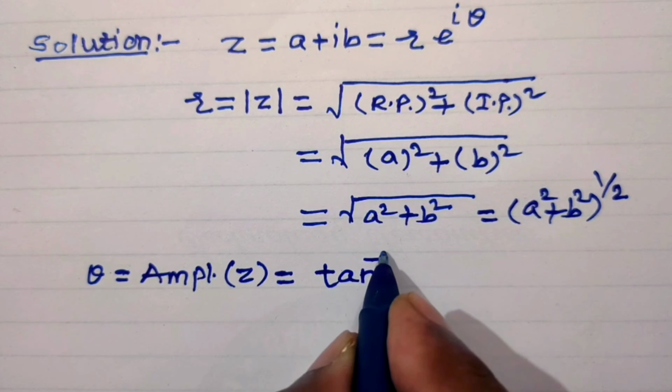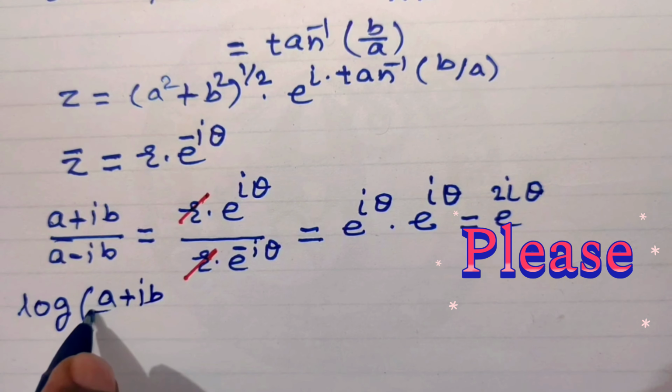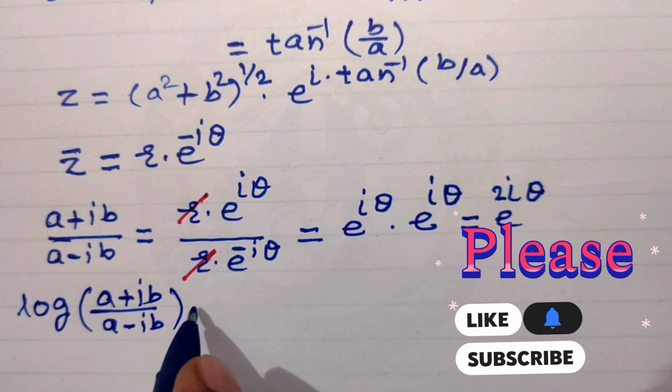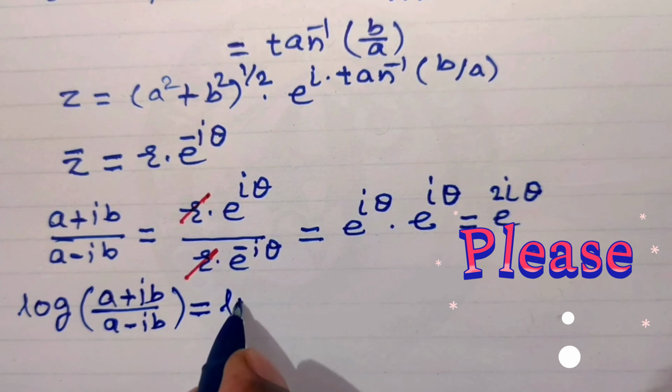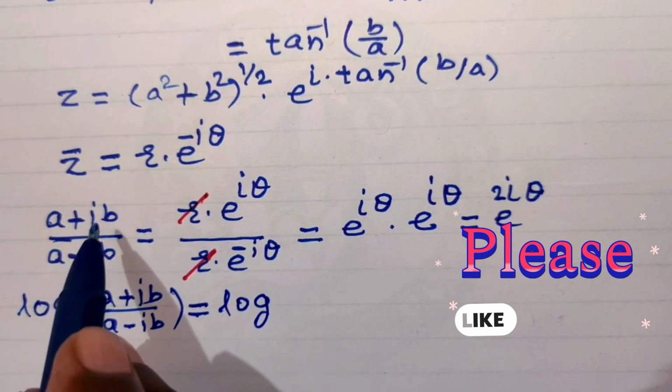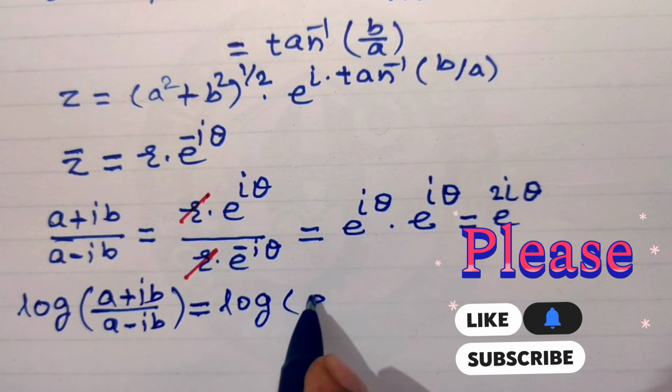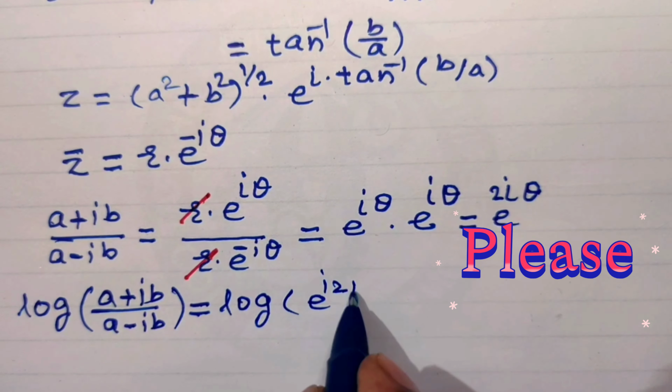Now here, logarithm of (a plus ib) divided by (a minus ib) is equal to logarithm of e to the power i 2 theta.